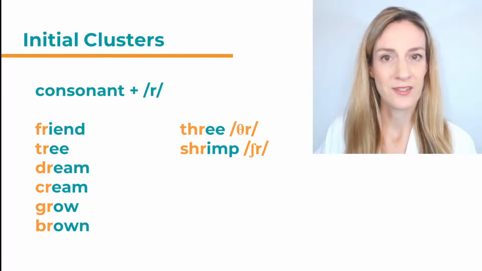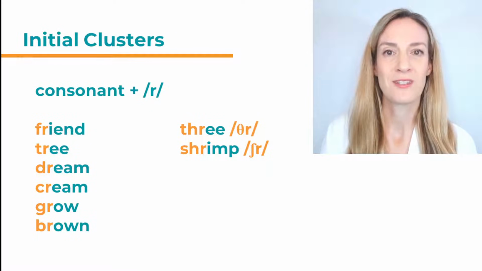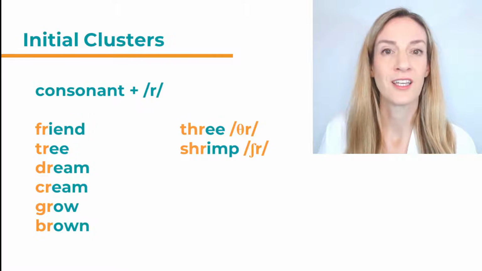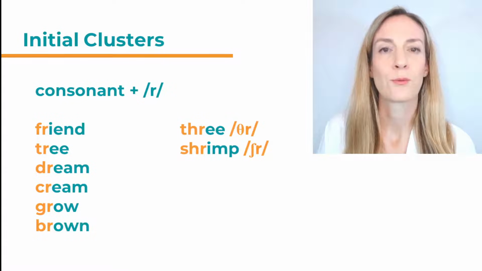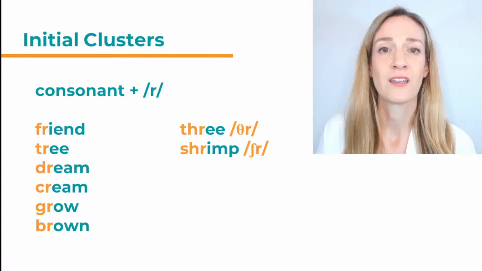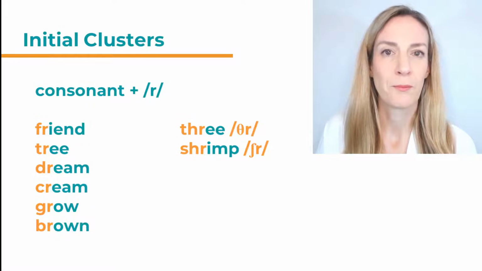Here is another common pattern. We have a consonant and in second position the consonant r. For example, fr, friend, tr, tree, dr, dream, cr, cream, gr, grow, br, brown, thr, three, shr, shrimp.